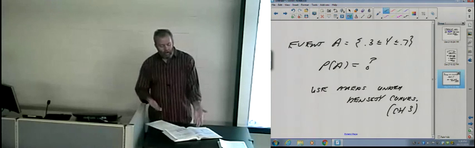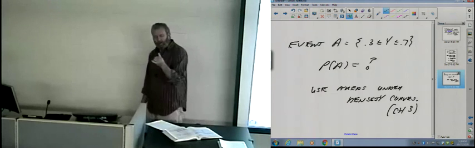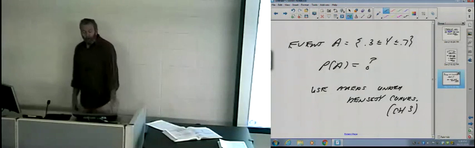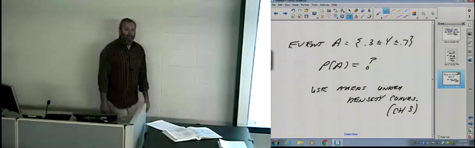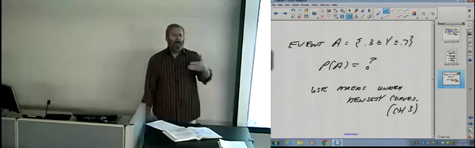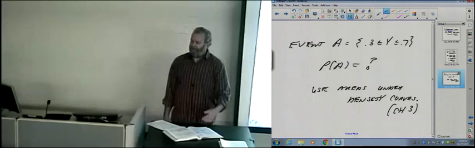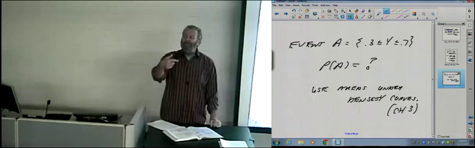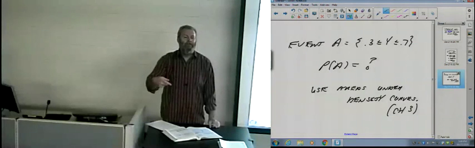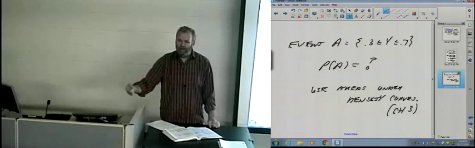Now, I'm going to take you all the way back to the beginning of this chapter just for 1 second. Somewhere back there, there's a definition of probability. The probability of some outcome or some event is the proportion of times that that outcome or event shows up if you do it over and over and over again. Correct?